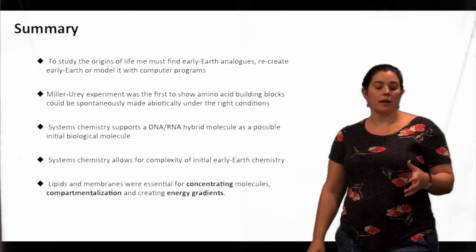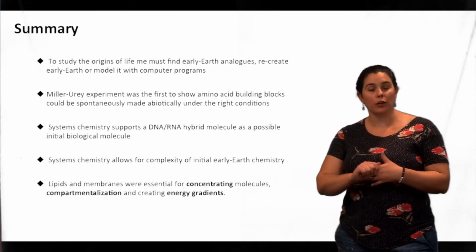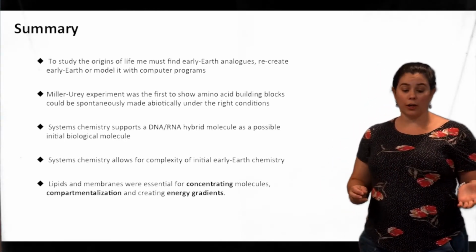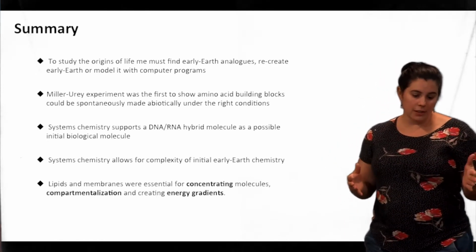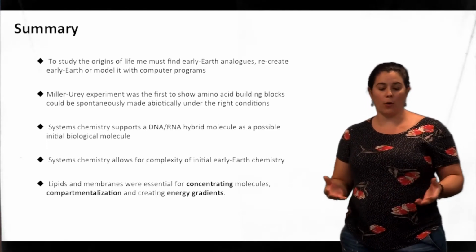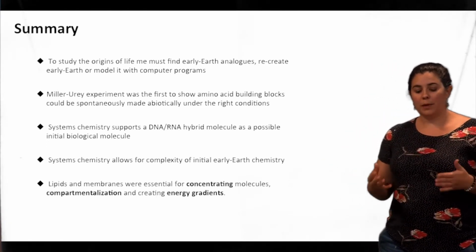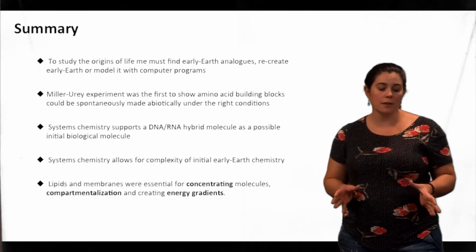So in summary, to study the origins of life, we must find early Earth analogs, recreate early Earth, or model it with computer programs. The Miller-Urey experiment was one of the first to show that amino acid building blocks could be spontaneously made by abiotic systems under the right conditions.